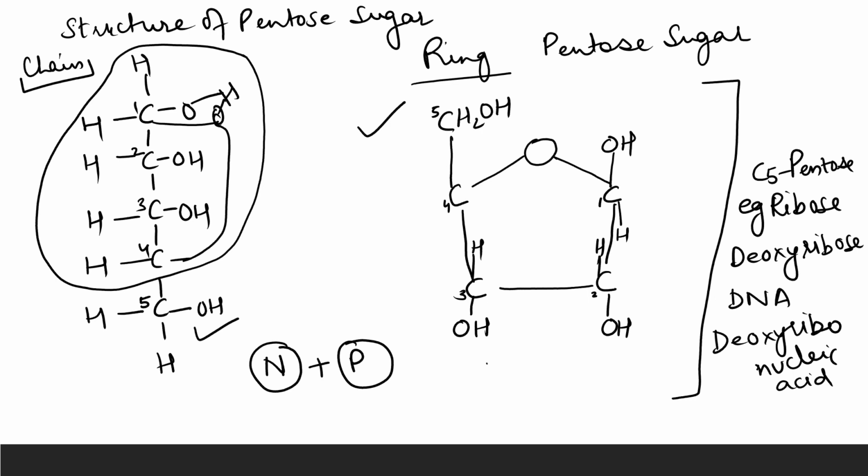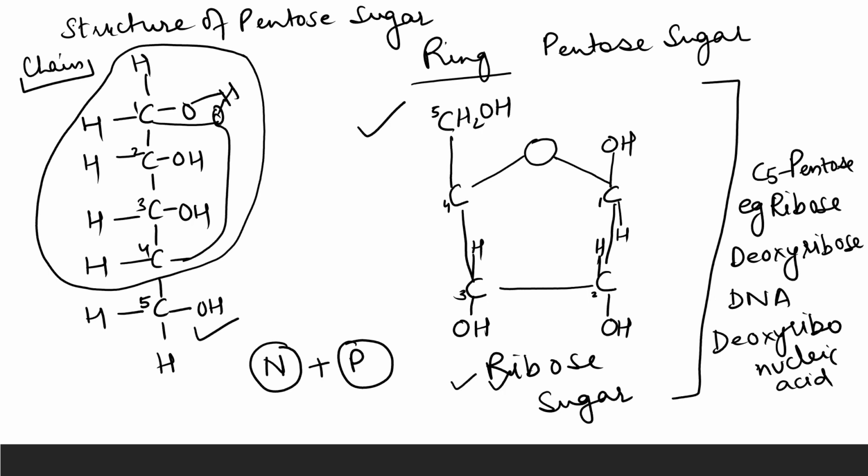Right now this is the structure of a ribose sugar. But we need deoxyribose to make the structure of a nucleotide. So we need to remove one oxygen from this ribose sugar.